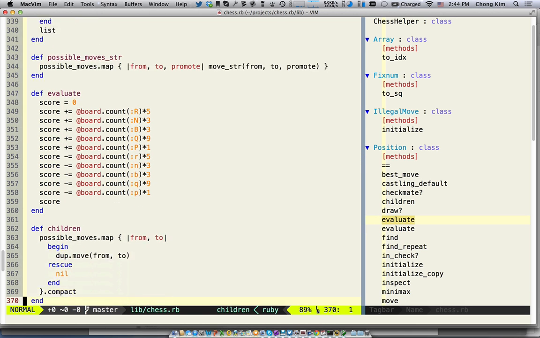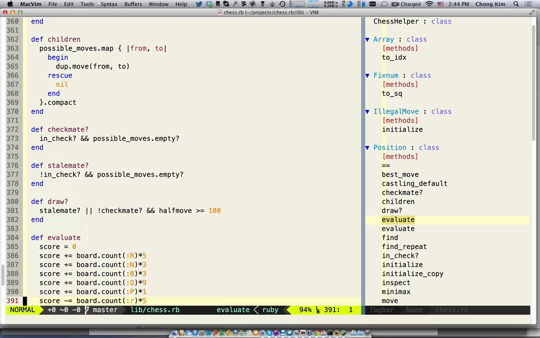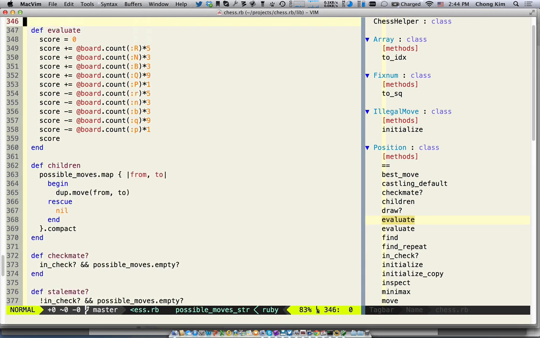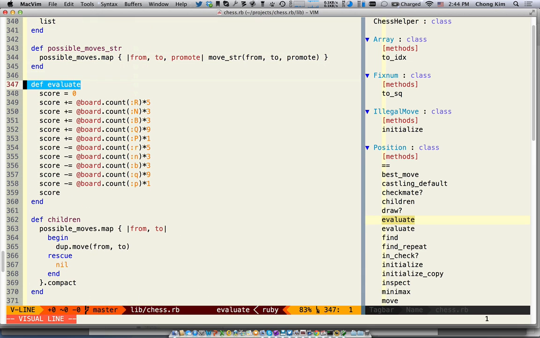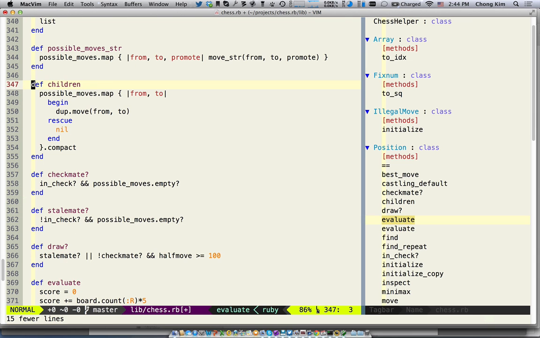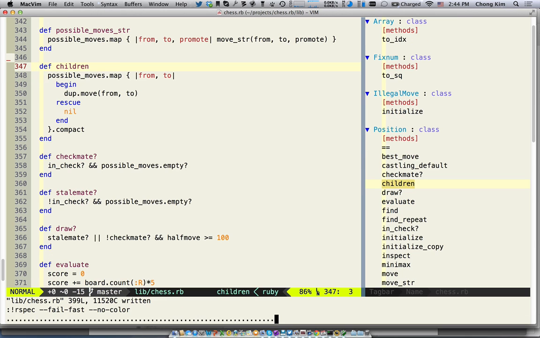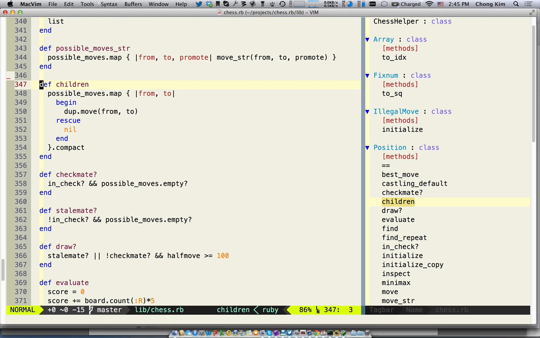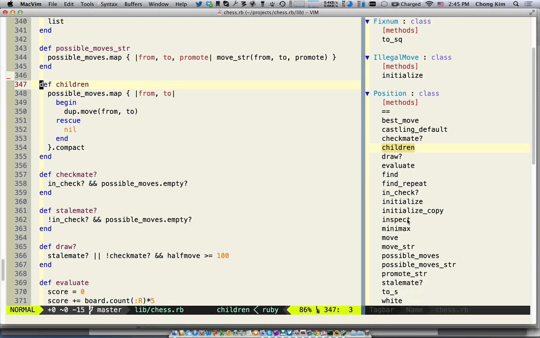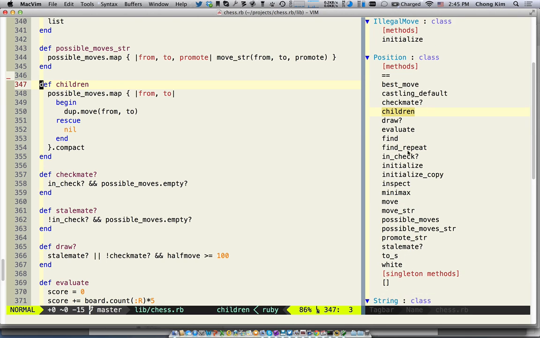So here's evaluate and evaluates down here. Let's just get rid of this one. All right. Let's make sure everything's still working. Okay, good. So, no other duplicates.